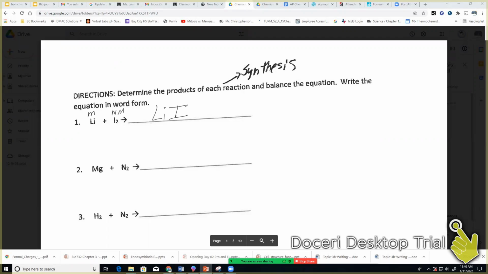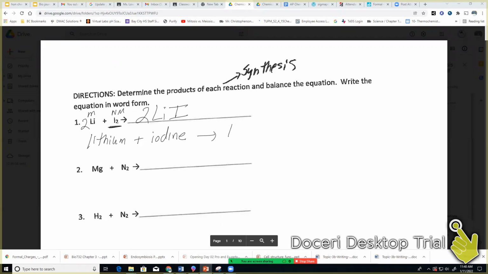And then, like I said, sometimes you have to do a little balancing. It should be really simple balancing. I need 2 iodine, so I'm going to put 2 over here, which makes me also need a 2 in front of my lithium. So if I wrote that out, it would be lithium plus iodine. This is just elemental iodine. It's neutral.